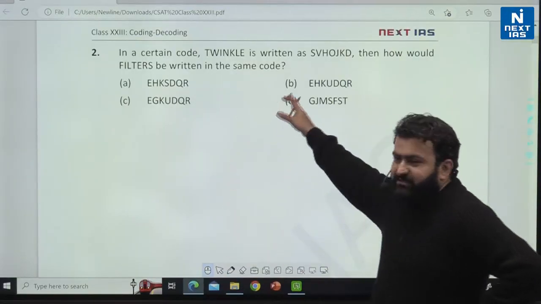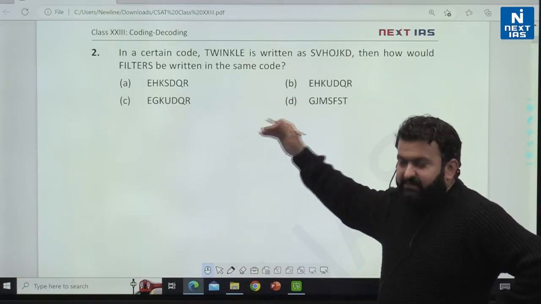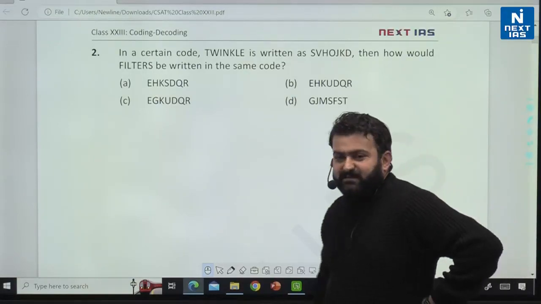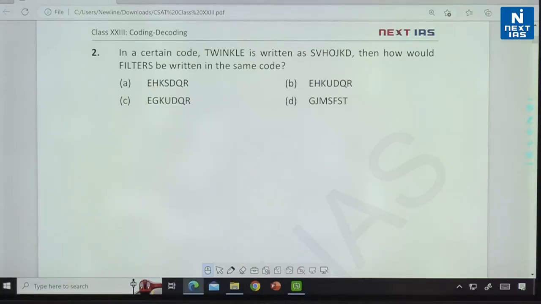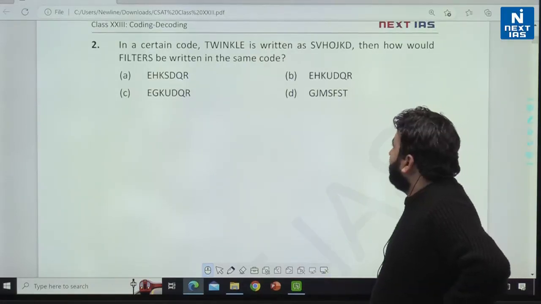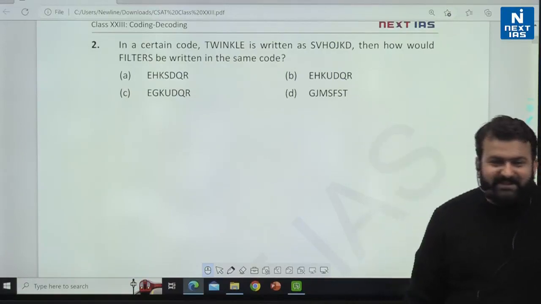Now all of you just solve the second question right now. What is the answer?